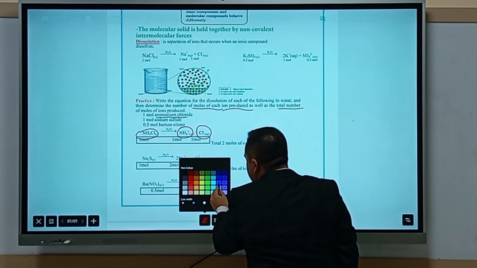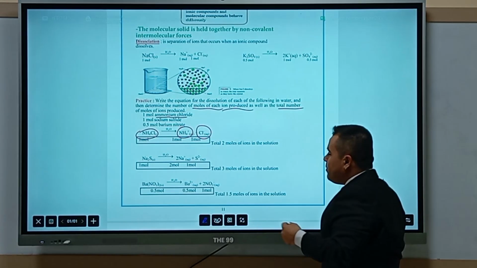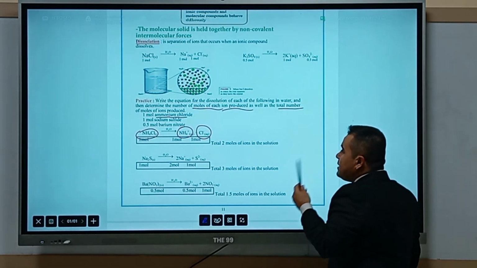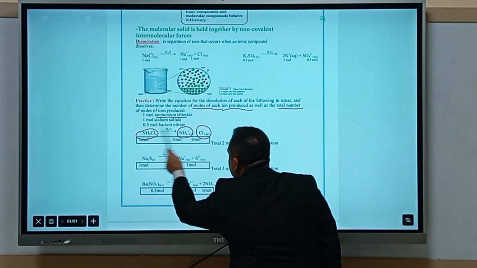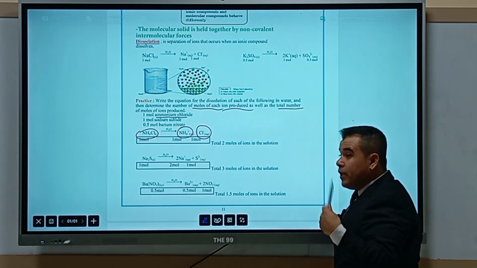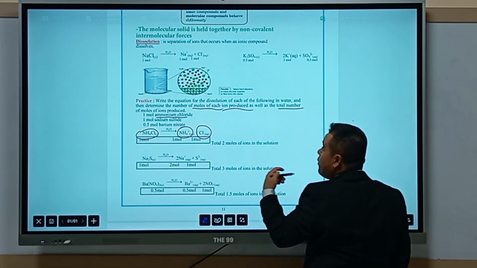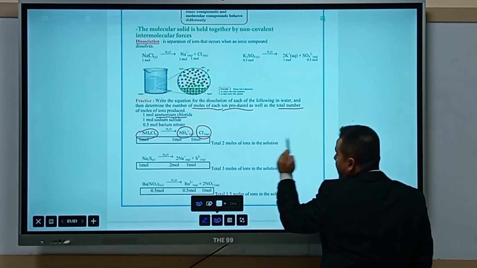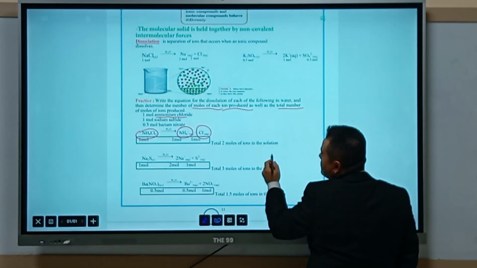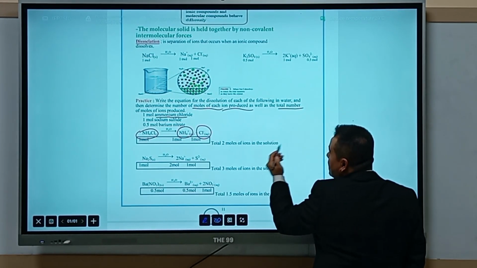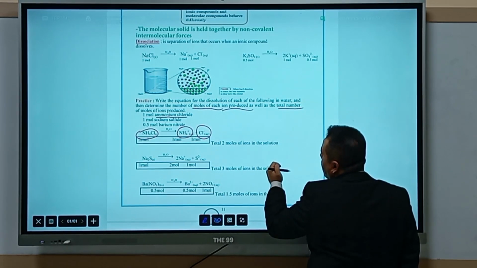The second step is to balance the equation. You have to check whether the equation is balanced or not. And the third, take the ratios between each of them.